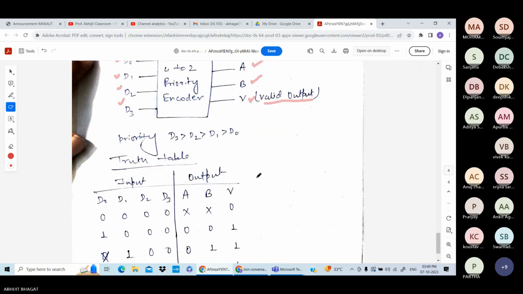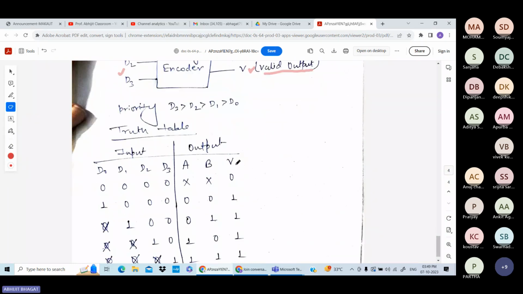Now, the truth table. Look, in case of a priority encoder, 3 outputs are there, A, B, and V, and 4 inputs are there, D0, D1, D2, D3. What is the function of this valid output?